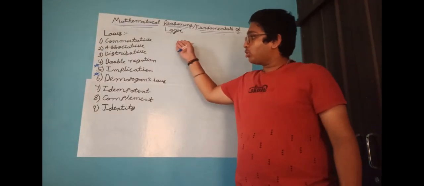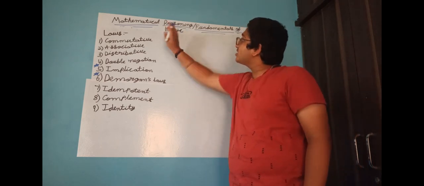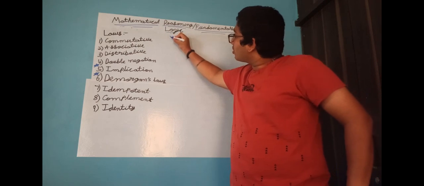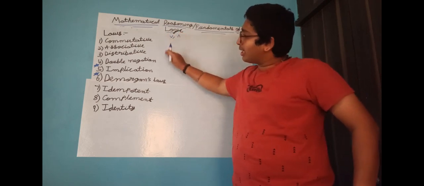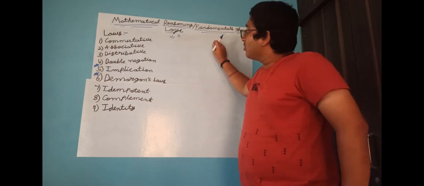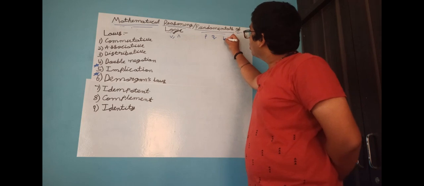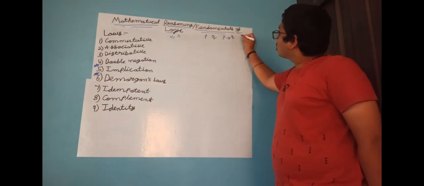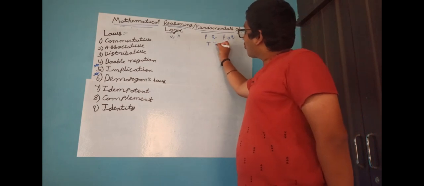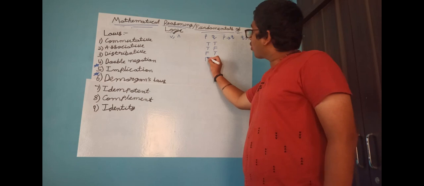Now we are going to discuss these 9 important laws, which are very important throughout this chapter. But before starting, I want to tell you that we mostly use or and and in these laws except a few laws. The reason is, if we take implication, let us consider P, Q, P implication Q, Q implication P. Now take truth values: true true, true false, false true, false false.